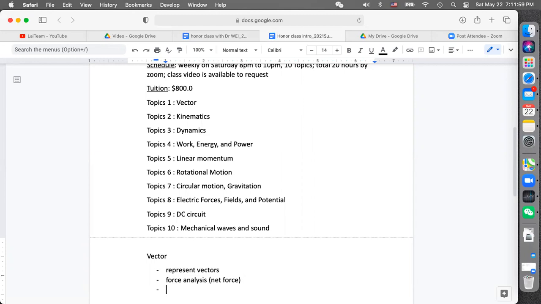And then for topic 2, kinematics. One more thing I do want to add in here. In general, for my class, I do appreciate a very interactive environment, but I guess today there could be parents here, and also commitment is not yet finalized.